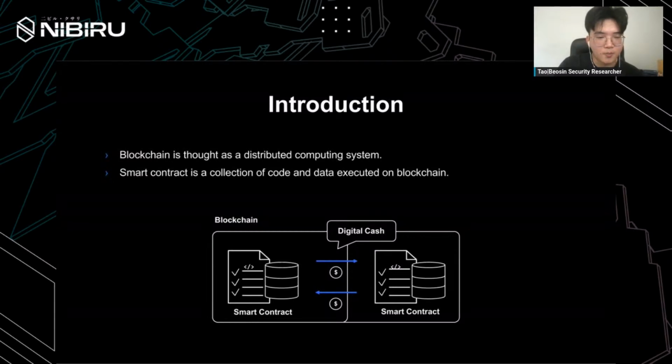A smart contract is a bundle of code and data that runs on the blockchain. Smart contracts always deal with cryptocurrencies, and usually a contract will deal with different virtual assets, and various transactions will be made in the contract execution and interaction with other smart contracts.